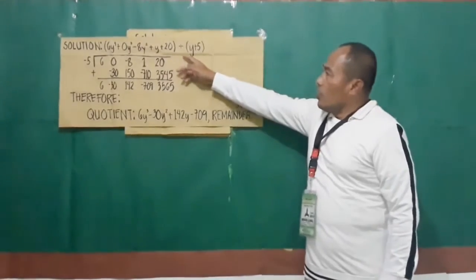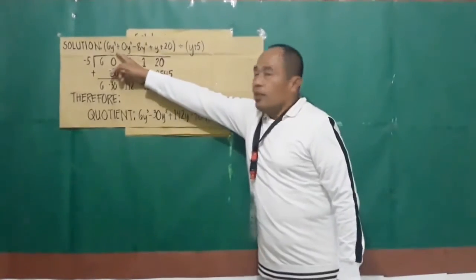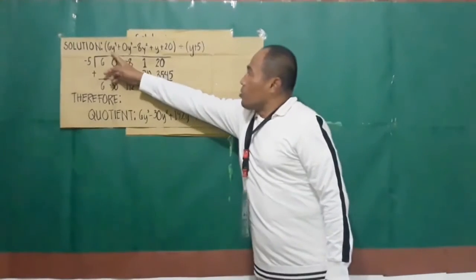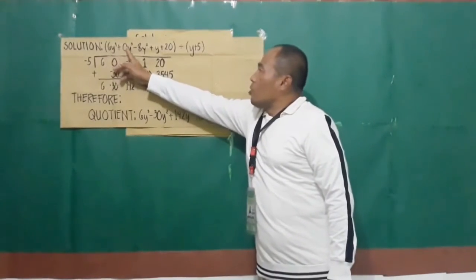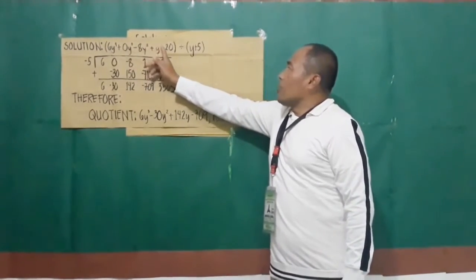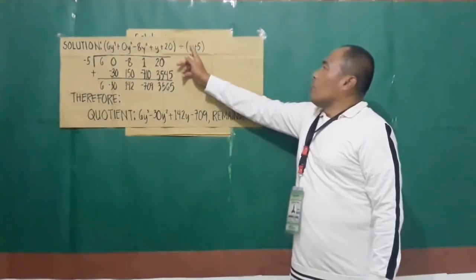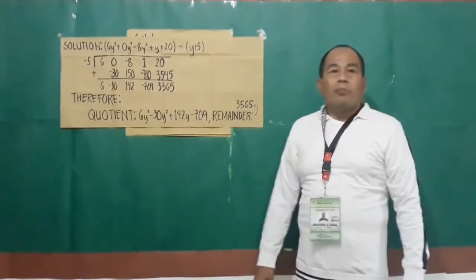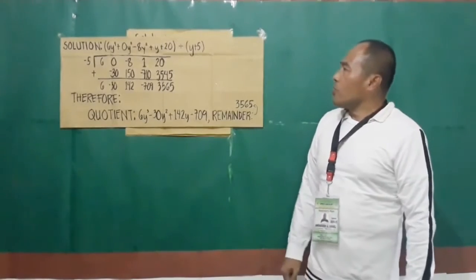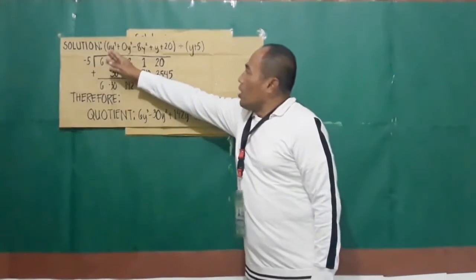First, you write the standard form of the polynomial: 6y to the 4 plus 0y cubed minus 8y squared plus y plus 20 divided by y plus 5. Then apply the synthetic division method.